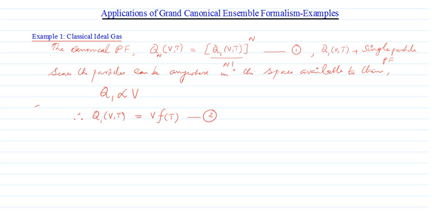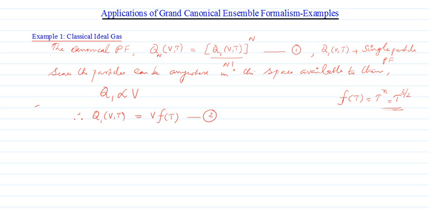Okay, and f of T can be of any form, which depends upon the assumption that we are making. For example, in one particular case, if you assume that f of T is proportional to T raised to n, or we can say that if n is equal to 3 by 2, then T raised to 3 by 2, then you will be getting our standard results. So that we can see at the end.